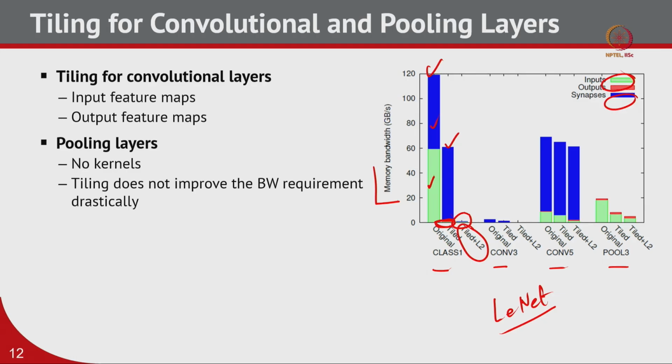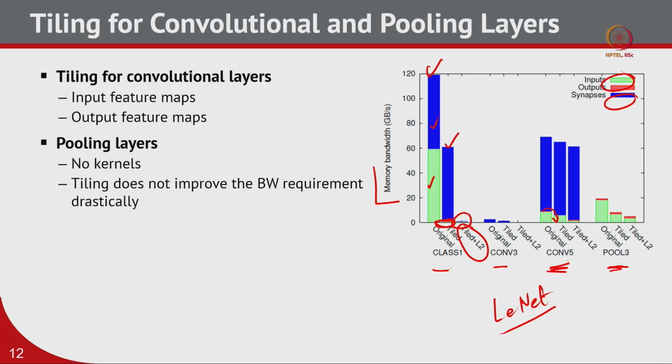Now, a similar result can be seen in the convolution layers conv 5 as well as conv 3, where whenever we have this input tiling, the input bandwidth requirement was less, right. Now, for pooling, there is no concept of synapse, so there is no blue in pooling. But since the input is tiled, although there is no synapse, we are still taking the input and then applying the max or average pool, right.